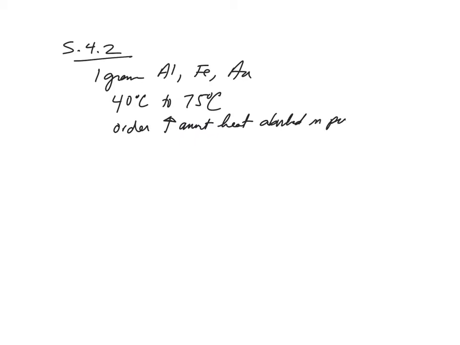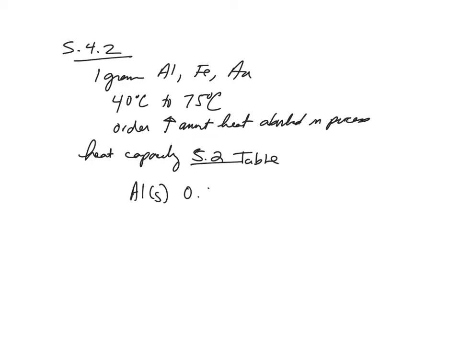Okay, so now we're looking at heat capacities. You need to understand what the heat capacity number means. So let's go to your table, 5.2 table, and let's write the heat capacities. I don't expect you to memorize these. So aluminum solid is 0.900 joules per gram per degree Celsius.